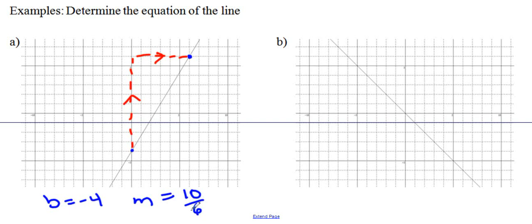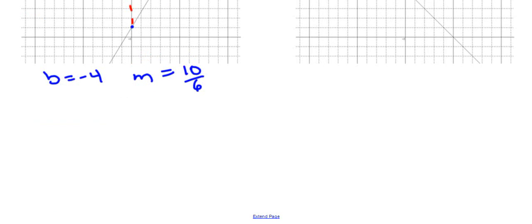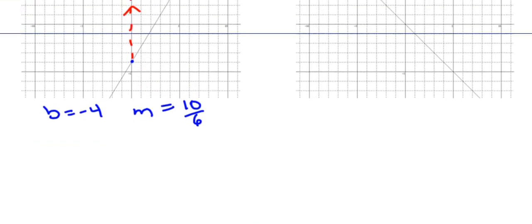Now this happens to be a fraction that can be reduced, so we're going to do that. So my slope can be reduced to m equals, if 2 goes into the top and the bottom, 5 over 2.